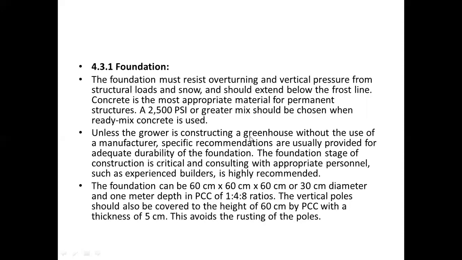The foundation stage of construction is critical, and consulting with appropriate personnel such as experienced builders is highly recommended. The foundation can be 60 centimeter by 60 centimeter by 60 centimeter or 30 centimeter diameter and 1 meter depth in PCC of 1:4:8 ratio. The vertical poles should also be covered to the height of 60 centimeter by PCC with a thickness of 5 centimeter. This avoids the rusting of the poles.